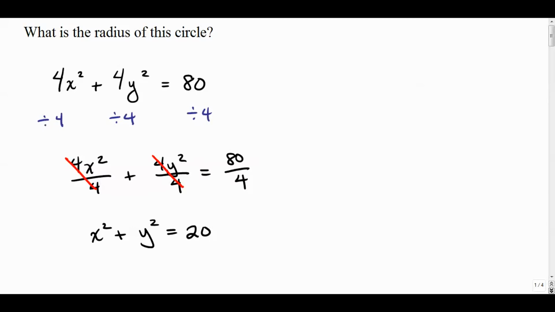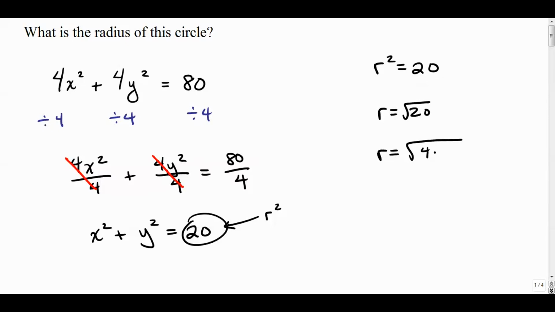And that sort of translates, if you remember, into r squared. So r squared is equal to 20. To solve that, you take the square root. So your radius is the square root of 20. But whenever possible, we want to simplify those radical expressions.